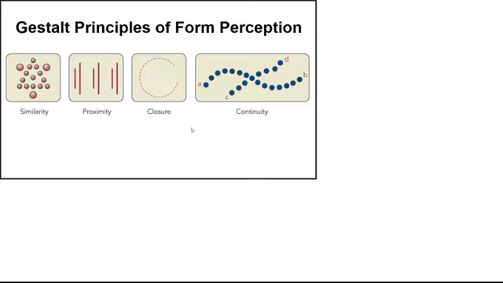So that proximity, that closeness, that location matters to us. Our principle of closure is just our baseline assumption that things are supposed to be complete. This comes from the fact that in nature, if something isn't a full shape, it's usually the principle of occlusion, where something is hidden behind something else.